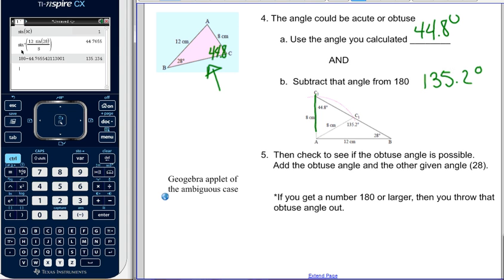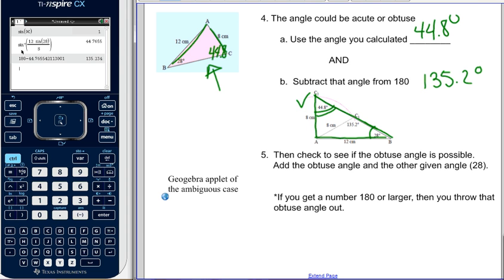For sure, this triangle has a side length 8, a side length 12, and an angle of 28 degrees here, and we know for sure one of our solutions is going to be 44.8 degrees. So for sure, this is one solution. That's the acute solution of angle C. The acute solution is always going to be a solution.